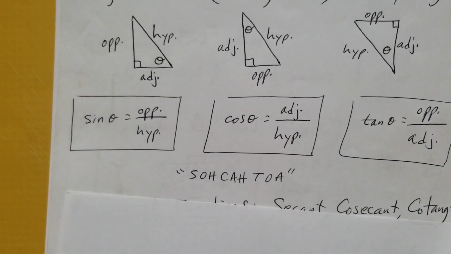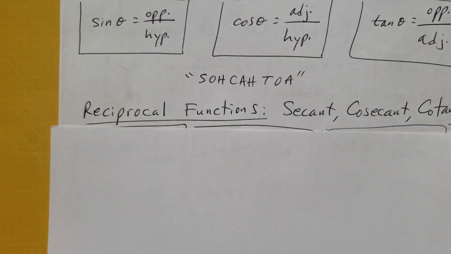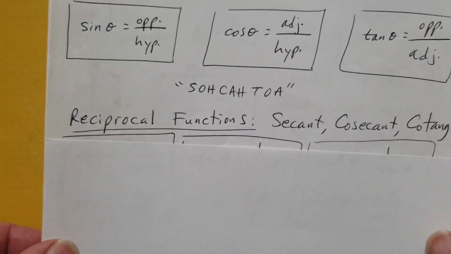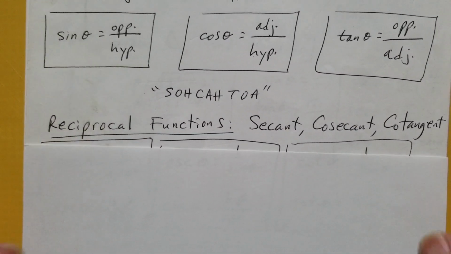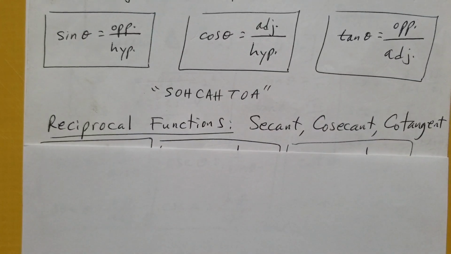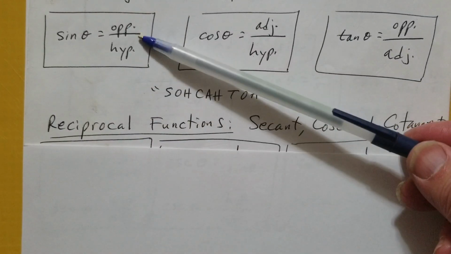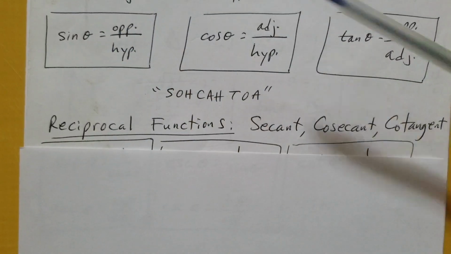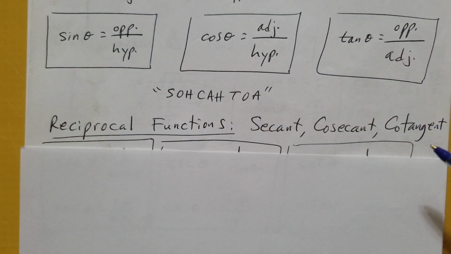Okay? Then, from that, we can get the reciprocal functions. Now, do you remember what reciprocal means? Reciprocal means flipping the fraction over. So the reciprocal of 2 over 3 is 3 over 2. Well, these are fractions. So if we flip these over, those are the reciprocal functions and we give them different names, right?